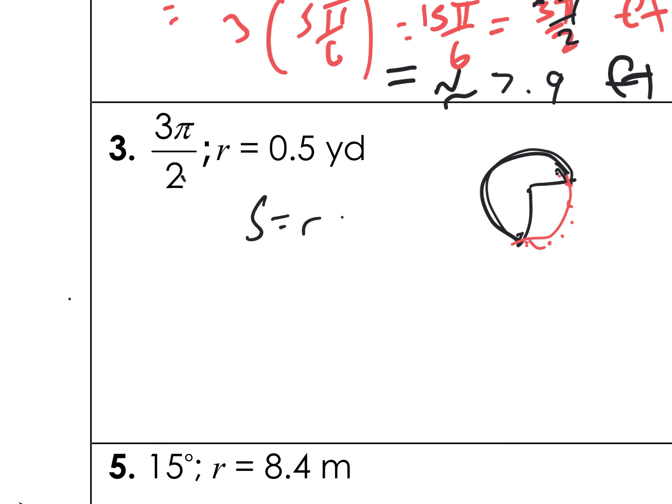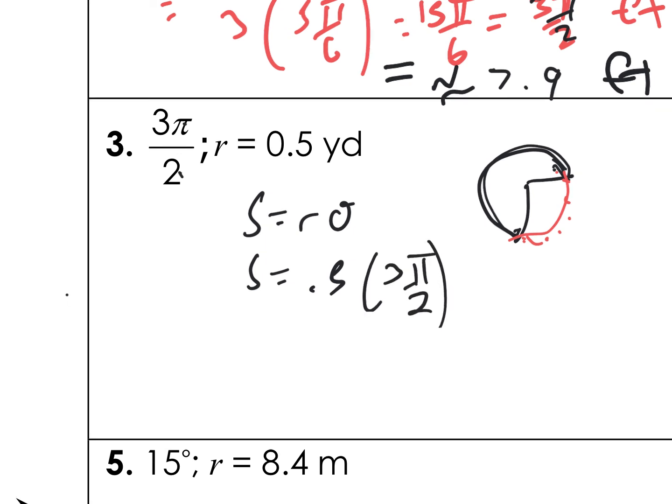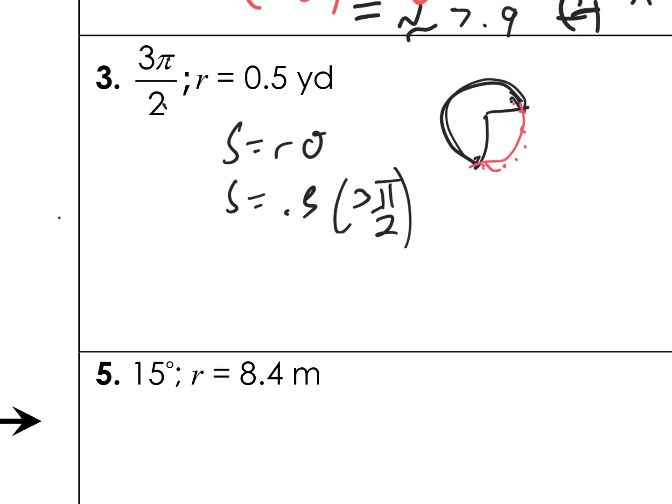S equals R theta. S equals 0.5 yards. That's big. That's half a yard, like 1.5 feet. Times 3 pi over 2. If you really think about what 0.5 means, it actually means 1/2. So I'm just showing off right now.